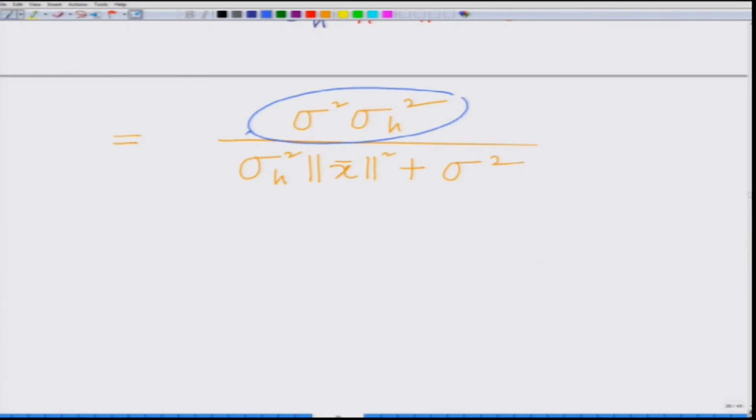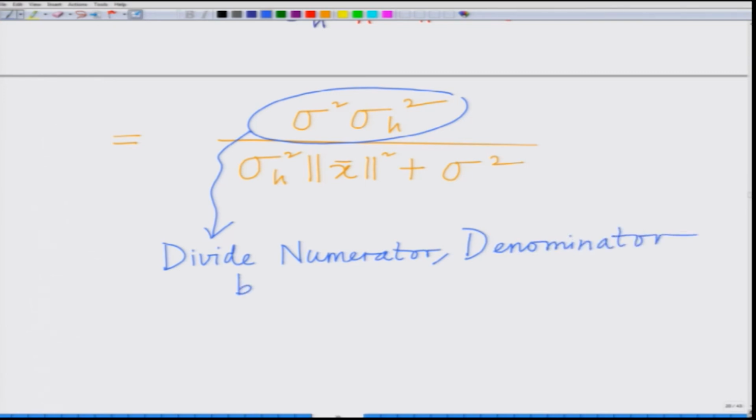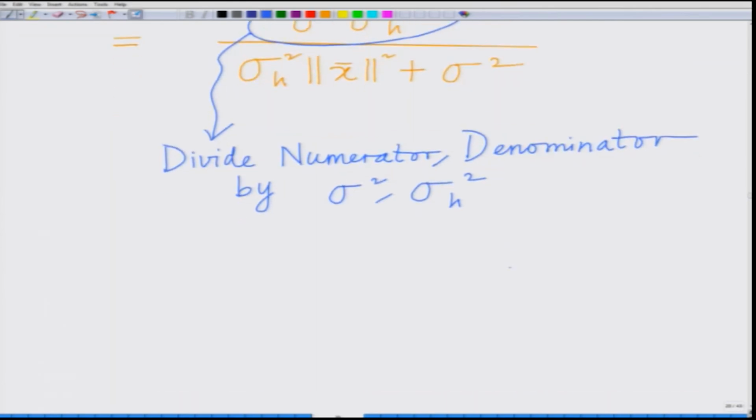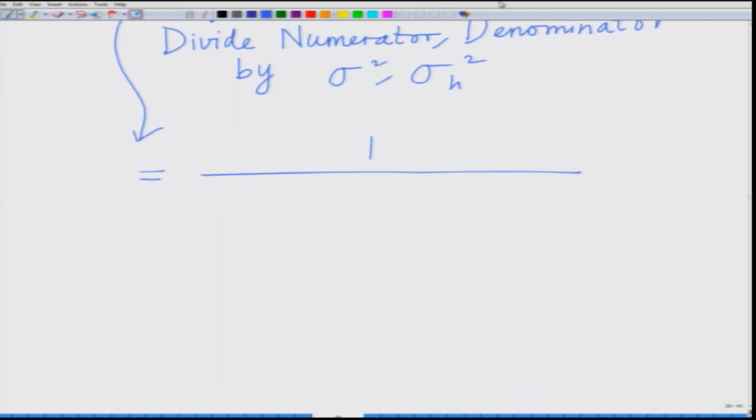Now we divide numerator and denominator by sigma square times sigma h square, and what this will give you is, of course, the numerator will become 1, and the denominator will become norm x bar square divided by sigma square plus 1 over sigma h square.